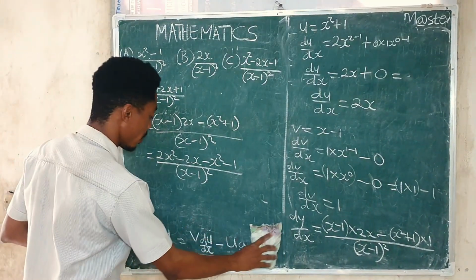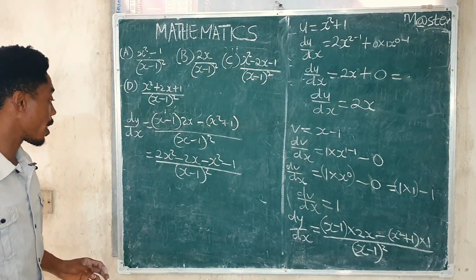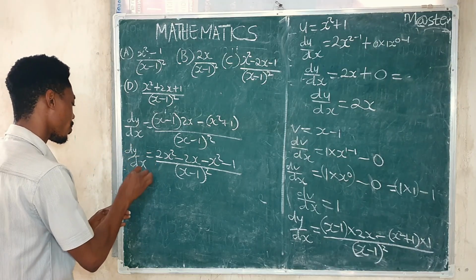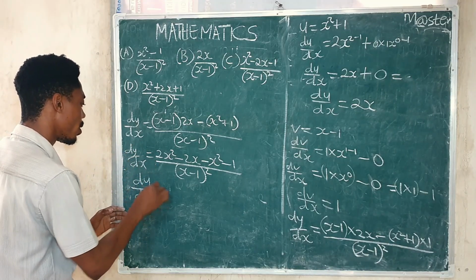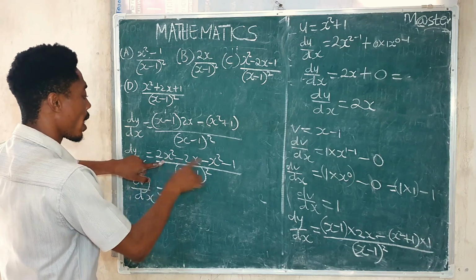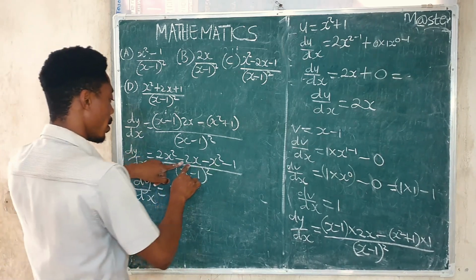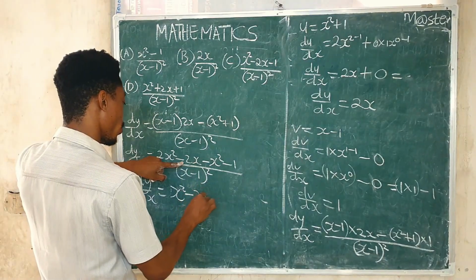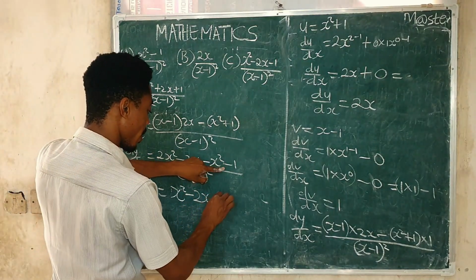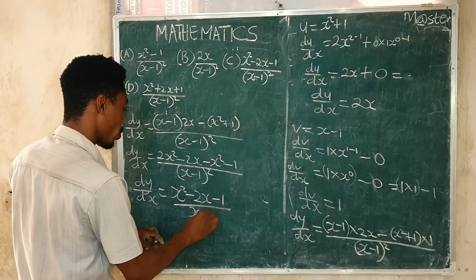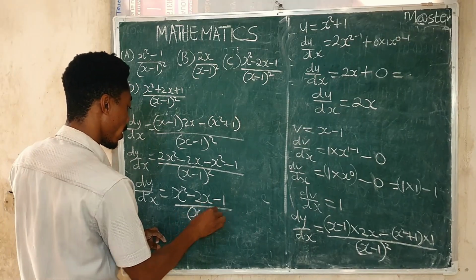From there, we are almost there. dy/dx gives us 2x squared minus x squared, which is x squared. The next I have is minus 2x, and the next is minus 1. I'm just putting the like terms together, all over x minus 1 all squared.